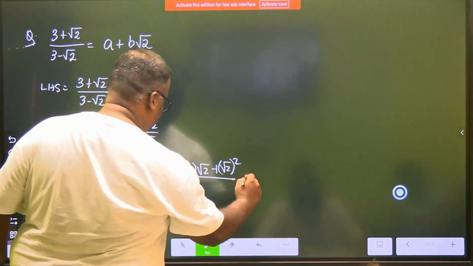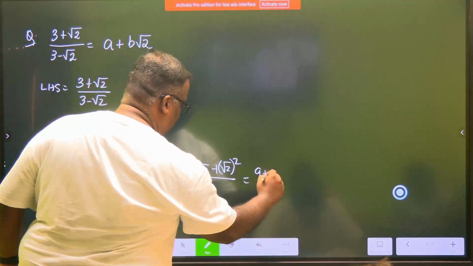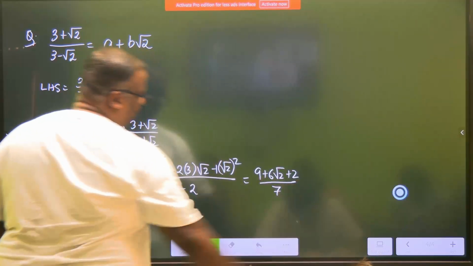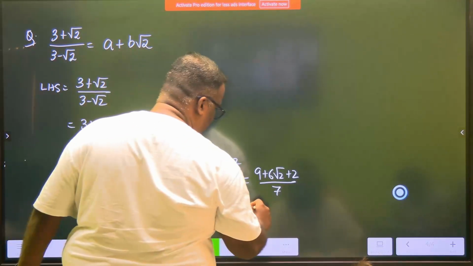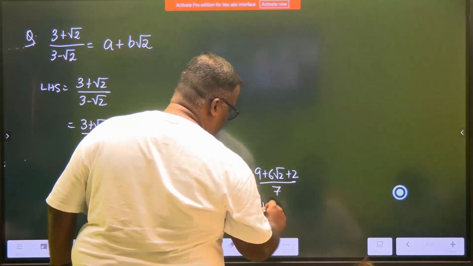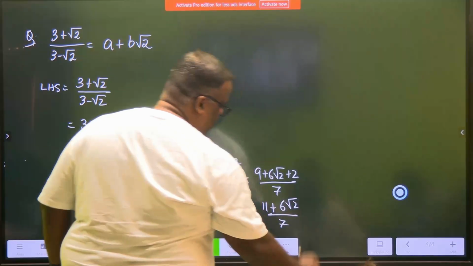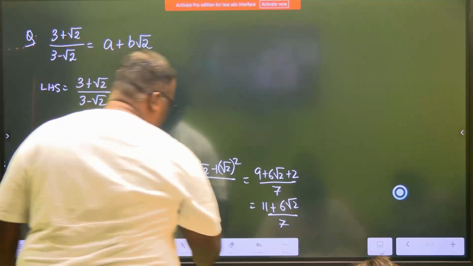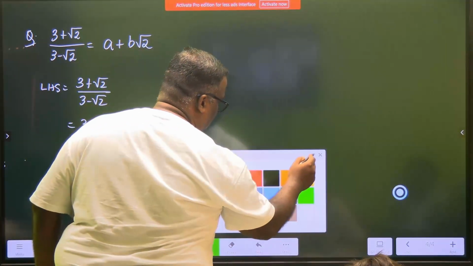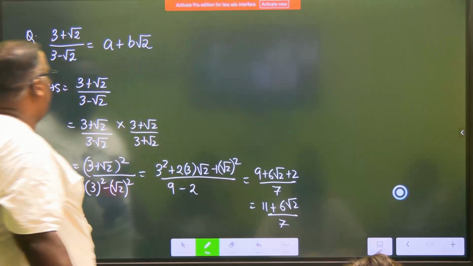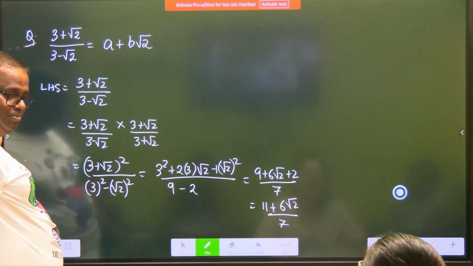How much do we get? 9 plus 6 root 2 plus 2 divided by 7. How much does this yield you? It yields you 11 plus 6 root 2 by 7. Right? Once you have done this much, let me know, we will proceed together. So we have solved our LHS and we have rationalized the denominator.